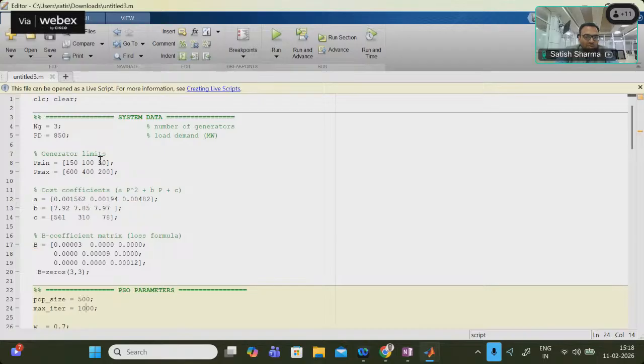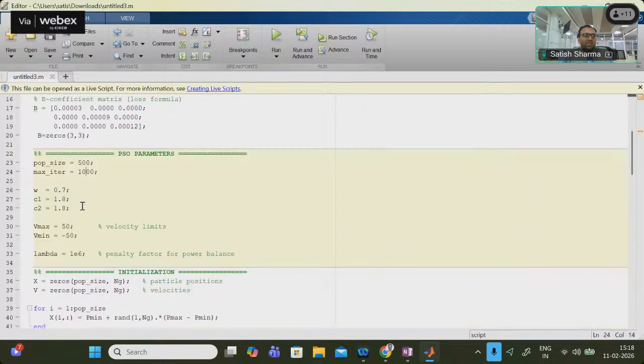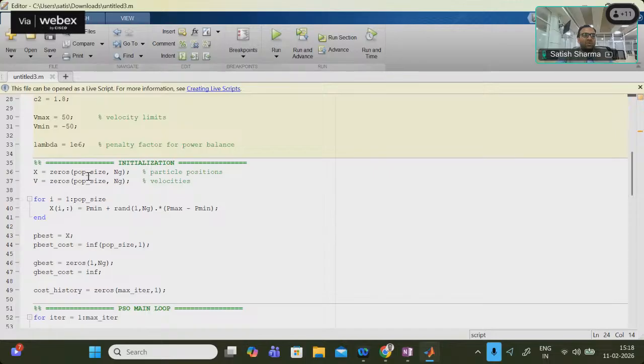Now let's see how we can handle this particular problem. You can see that we are using three different variables, and for each particle we are creating the population size and the particle positions at certain velocities, and then we are creating certain initial values.